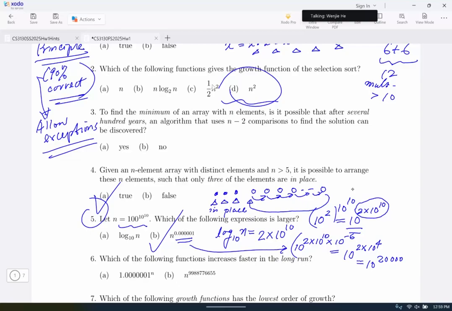So the second number equals 10 to the 20,000th, right? Compare the exponent number 20,000 with the exponent number here, 2 times 10 to the 10th. Much smaller, right? So if you do it this way, you know the second number is much larger.